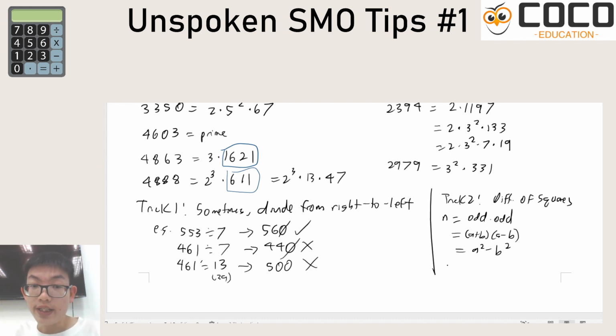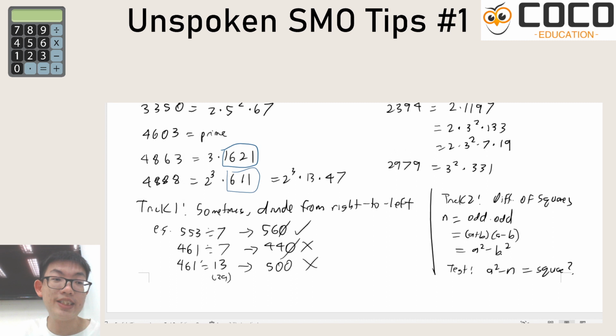And so therefore, you can test a squared minus n to see whether it's a square, where a is just something where the square is a bit more than n. Now, you should already have a sense of what a should be like, because we know that we only test prime numbers up to the square root anyway.